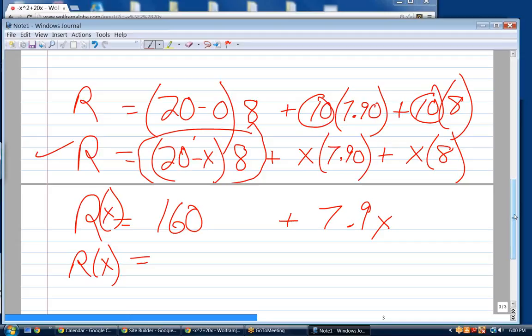So... Read this problem from the start again, if you would. Alright, okay. There are currently 20 members in the school ski club, and the dues are $8 per member. Okay. To encourage the recruiting of new members, the club treasurer suggests that for each new member recruited, the dues of all members be reduced by 10 cents.